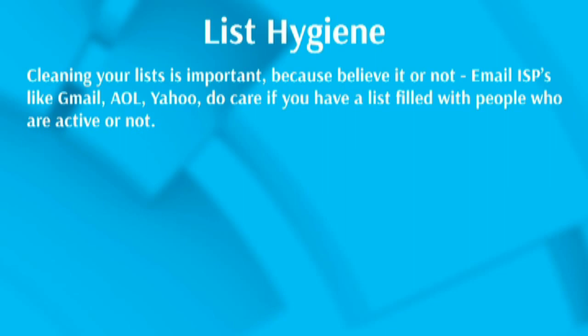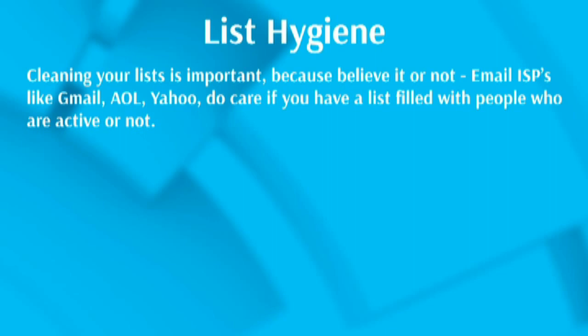So in other words, cleaning your lists consistently and maintaining that every single month. Because like I said, email ISPs like Gmail, AOL, Yahoo, they do care if you have people on your list that are actually active or not. If they're not, that can be an issue. So if you have a list of 1,000 people, and out of that list of 1,000 people, you have 100 people on there that are fake, that will actually hurt your email deliverability.